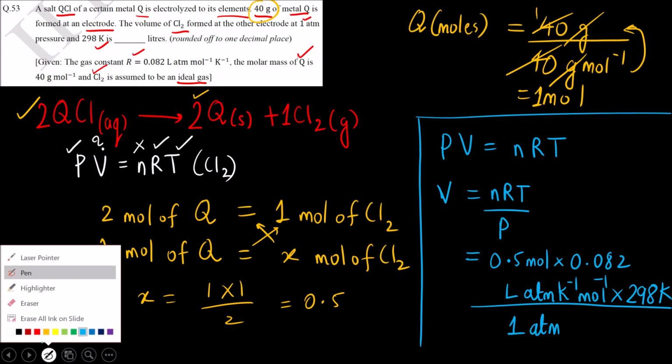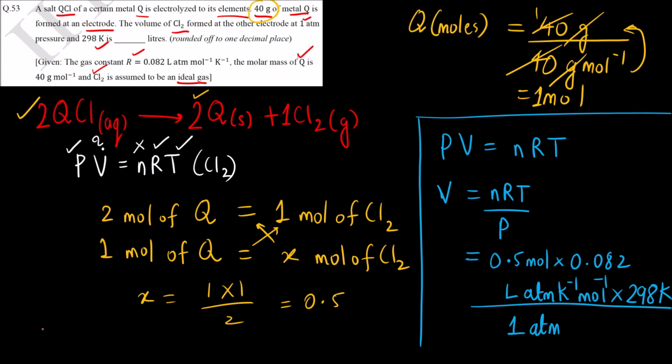Now checking the units: mole and mole inverse get cancelled, Kelvin inverse gets cancelled, atm gets cancelled. What is left is liter. So you solve this, and the answer comes out to be 12.2 liters.